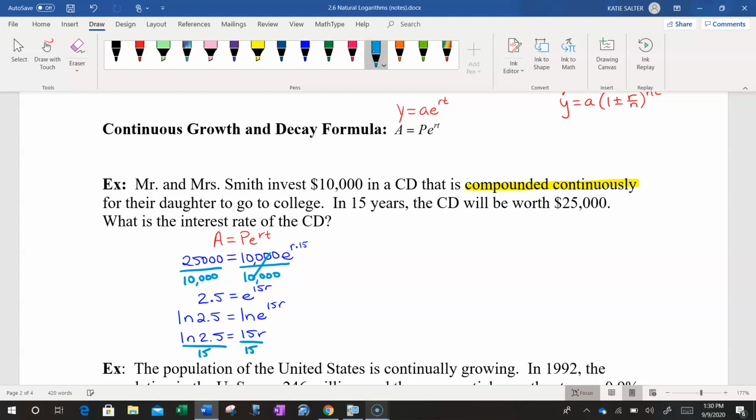So you would type the natural log of 2.5 divided by 15 in your calculator, and that gives us that r is approximately 0.0611. And most of the time they're going to represent this as a percent rate. So that means that the rate was approximately 6.11% per year compounded continuously.